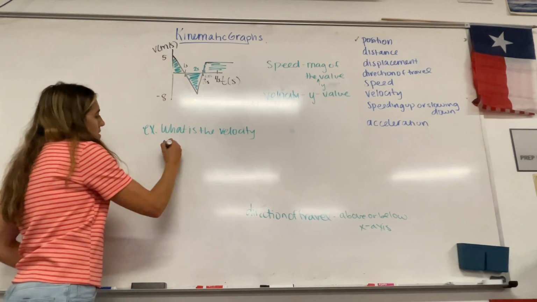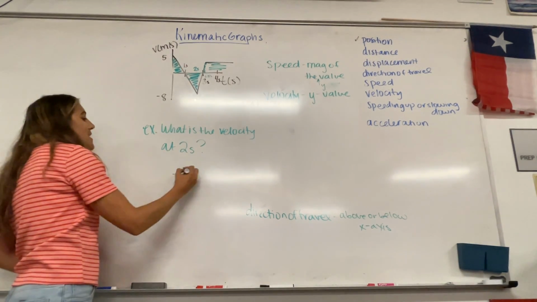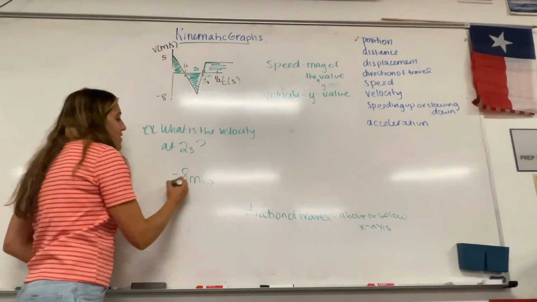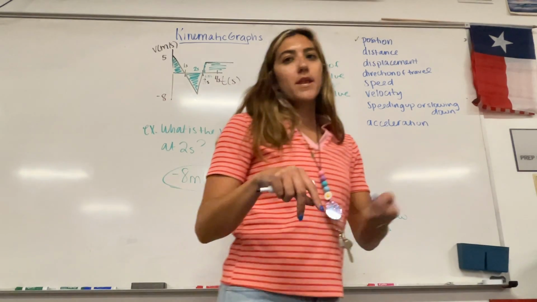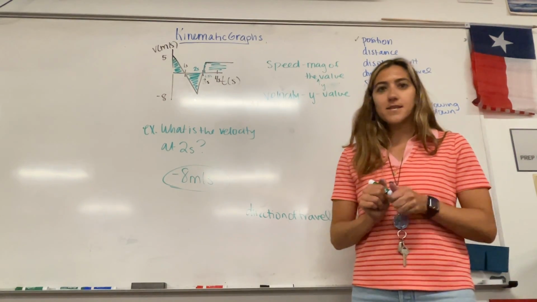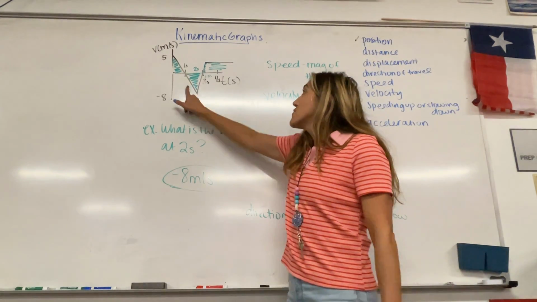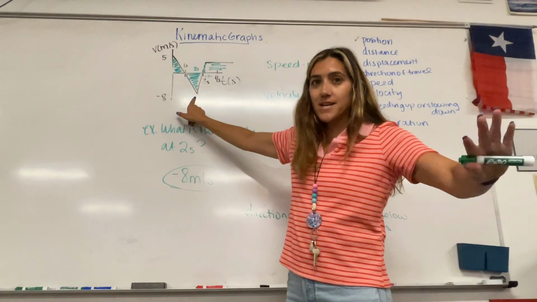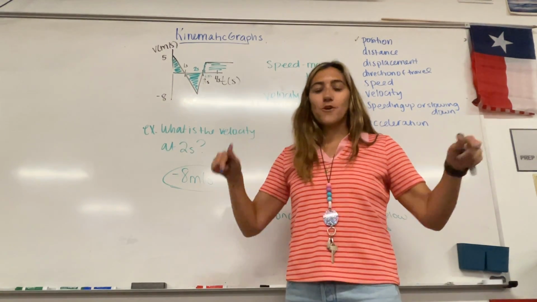At 2 seconds, now I can say it's -8. It's the whole thing. I don't need to make it positive. It's velocity, so I can have negatives. So it is the whole thing, -8 meters per second. It's not the slope. The slope at 2 seconds is like unfindable, right? Because we're changing slopes. So it's not the slope. Don't make that mistake.